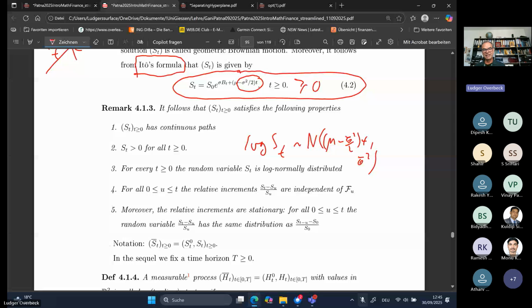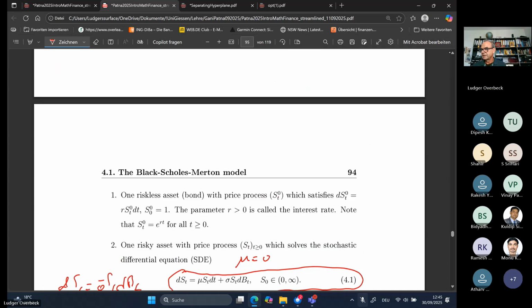This means it's a Levy process. More generally, you can say S_t equals e to the power of a Levy process. It depends. So you can be more exact. You can take any other type of stochastic equation here.